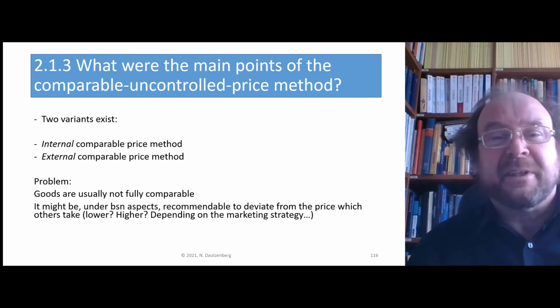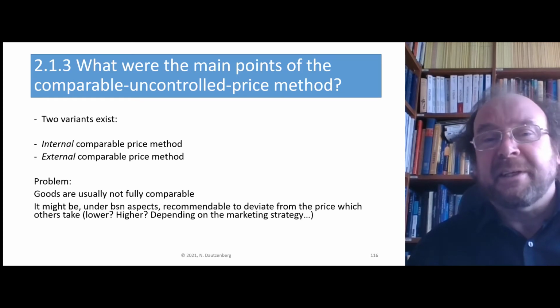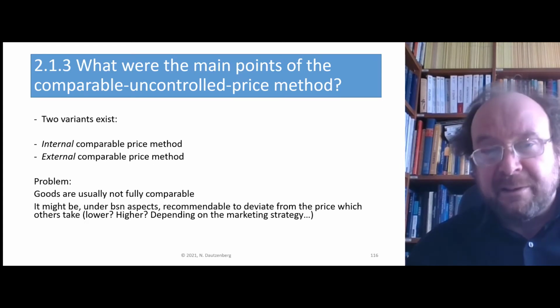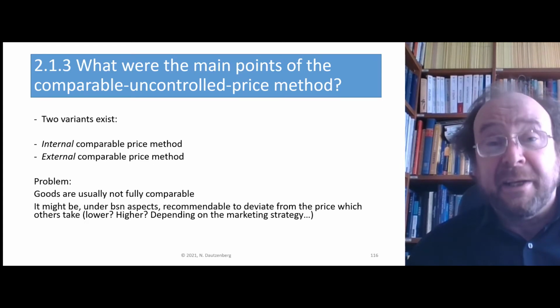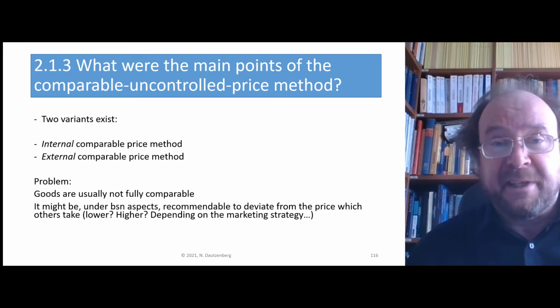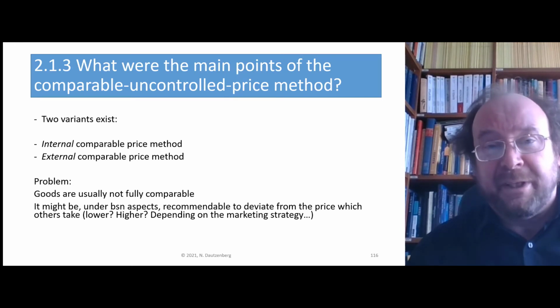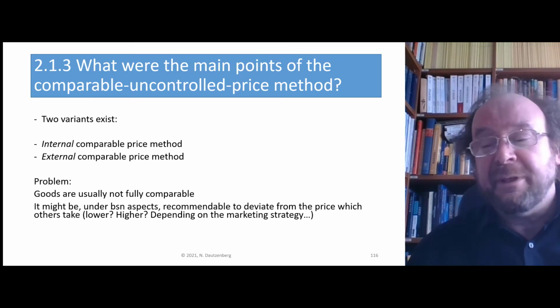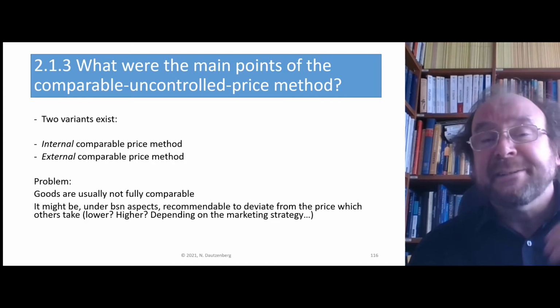With such a business strategy, you should probably say, we can see that all the others sell for 100, so our price would, under unrelated parties, be at highest 80 or 70, because we always set our prices far lower than the competitors. That is where we live from. That's our strategy.